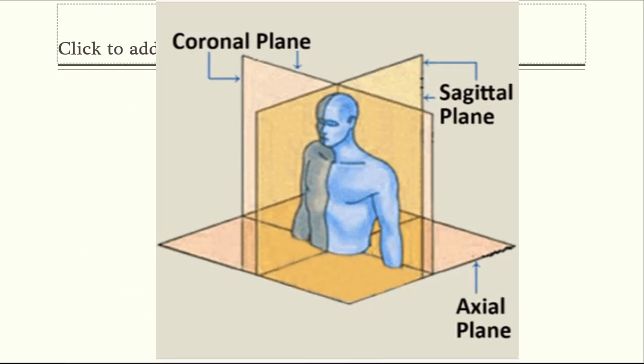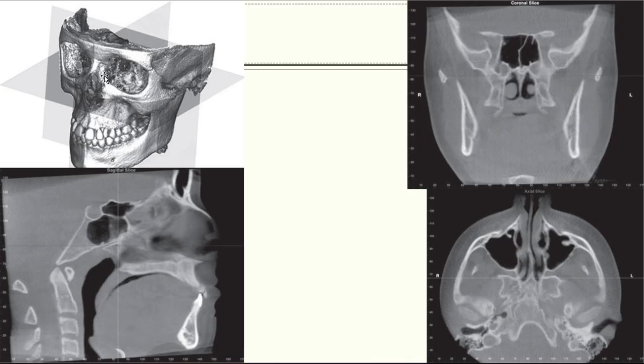Now, a small revision. We have the coronal plane, the sagittal plane, and the axial plane. So the CBCT will have all these three planes. The axial, we cut it into upper and lower parts. The sagittal, we cut it into right and left. The coronal, anterior, posterior. So here we have a 3D reconstruction.